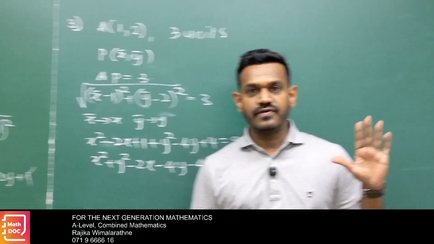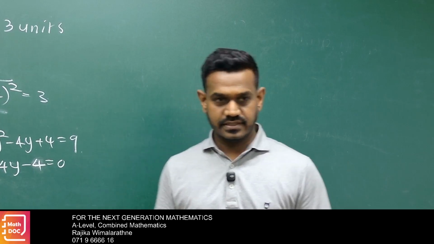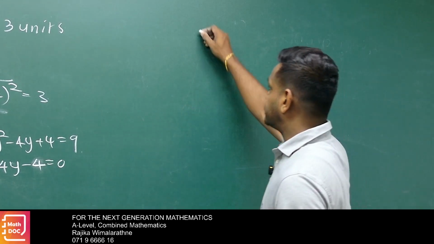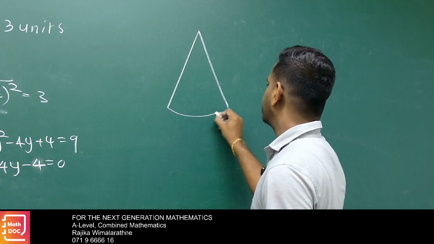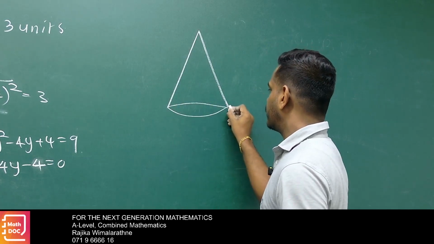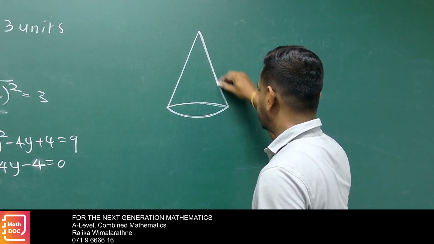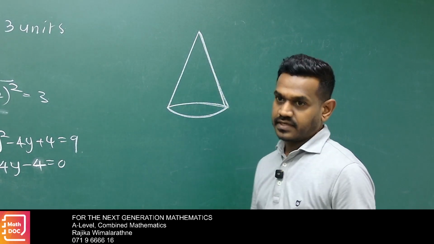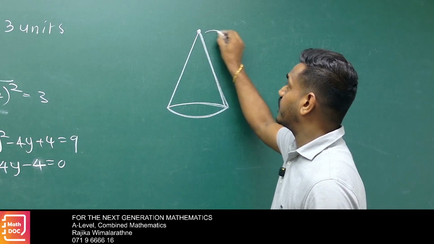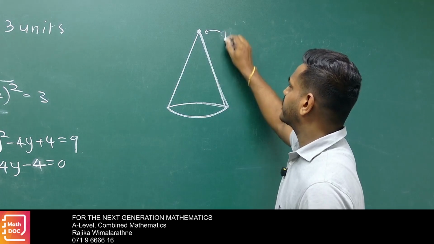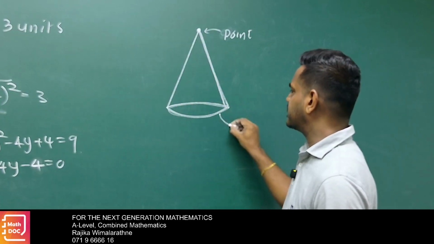Now with that one, we especially have conic sections. Now see, you consider here a cone. Coordinate geometry mainly deals with geometry, no? So when you consider this cone, here this is a point. And here a circle.